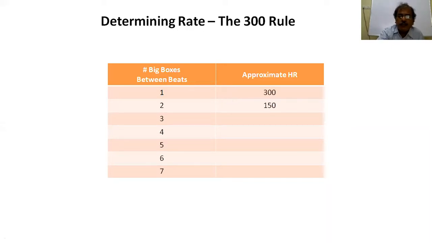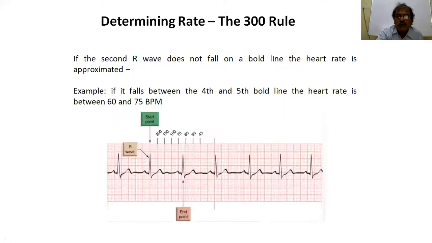If 2 big boxes, it is 150. If 3 boxes, then it is 100. If 4 boxes, 75. 5 boxes, 60. 6 boxes, 50. And lastly, if 7 boxes are there, then it is 43. So at least you should remember this. So this is the rule of 300.